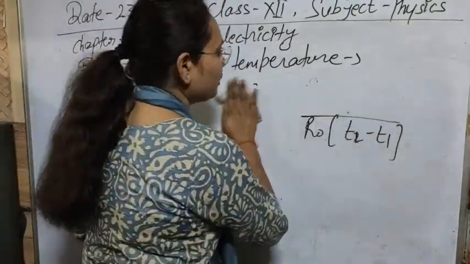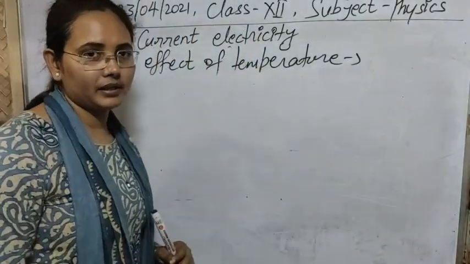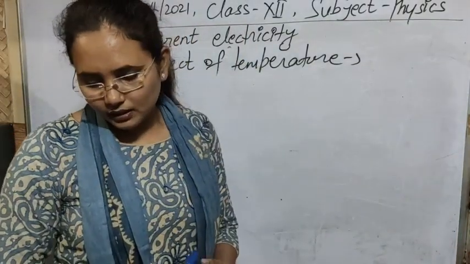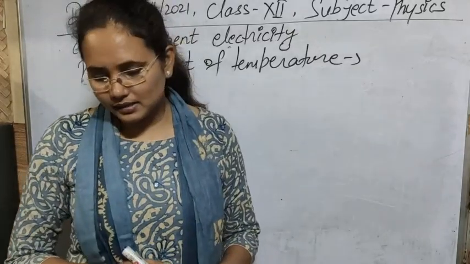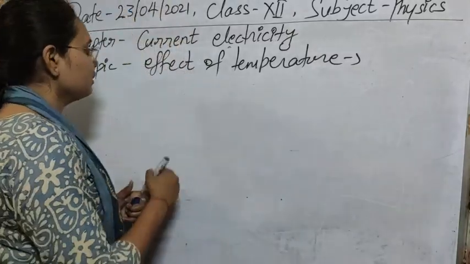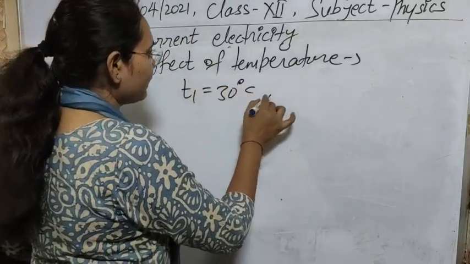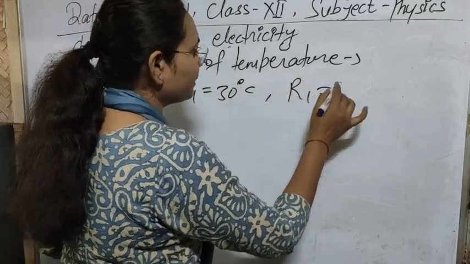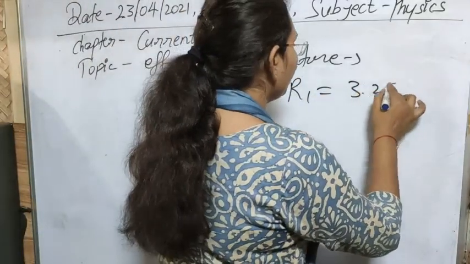Let's see one more numerical problem for this formula that we have written for the temperature change. The question is: the resistance of a conductor at 30 degrees Celsius is 3.25 ohm. So here the first temperature is given, T1 is 30 degrees Celsius, and the resistance R1 at this temperature is 3.25 ohm.